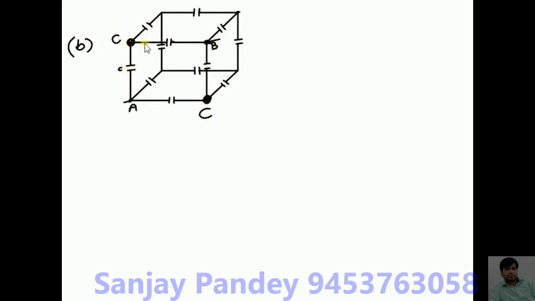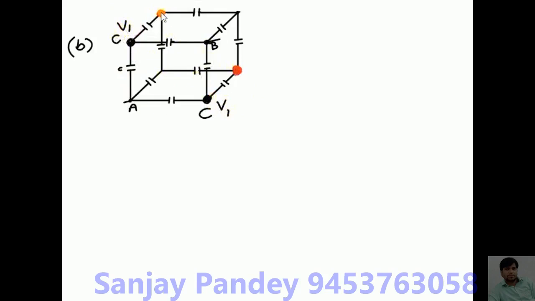From C to B we also encounter one capacitor along this branch, and from here to here is also one capacitor. So these two positions are symmetric and these 2 points are equipotential points. Let us denote the potentials at these 2 points by V1.